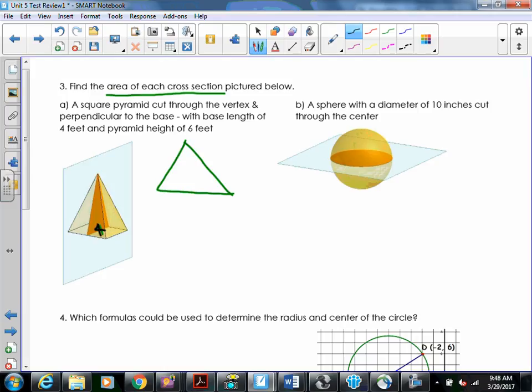But then it said it had a height of what? A height of 6. So that means that the distance from the top of the pyramid to the base is going to be 6 feet. So if you were to draw a dotted line in here, this would be 6. If I was to transfer that over to the triangle I've drawn over here, what's the length right here on this triangle? It's 4, which would mean that this is the height, and how long is that?